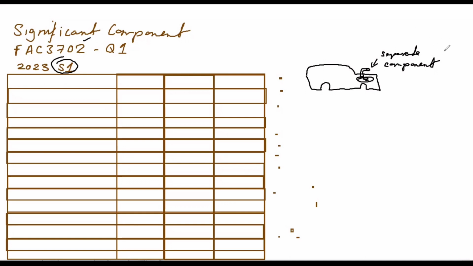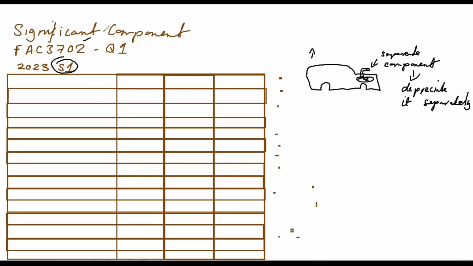Right. Thank you. At least there's someone talking. Thank you for that. Right. So that means you need to, according to the standard, depreciate it what? Separately. Right. That's what we are saying. So they usually call it a significant component.